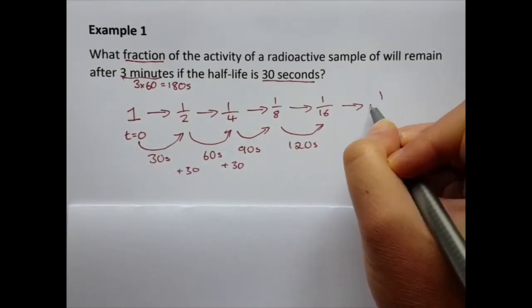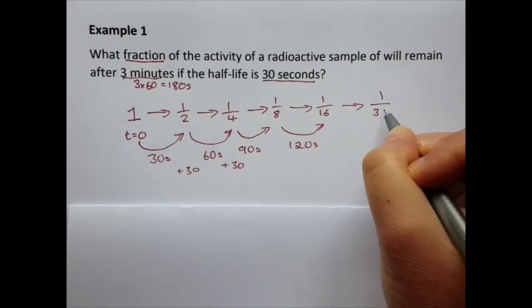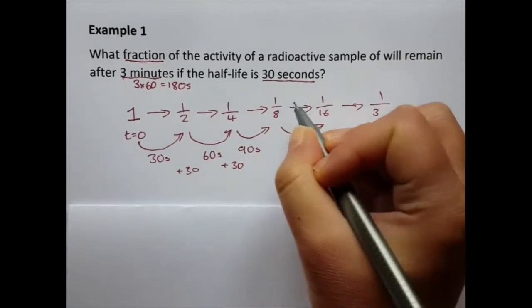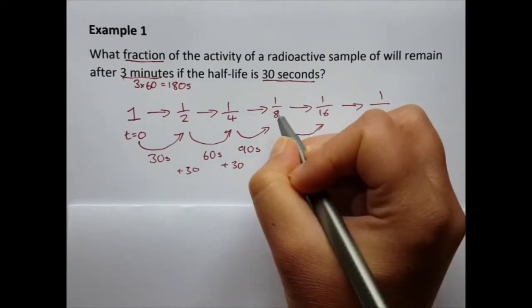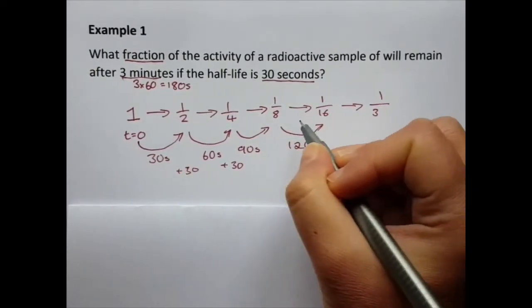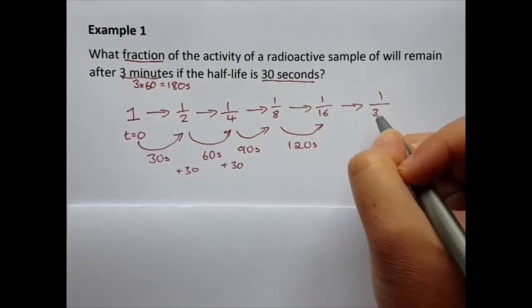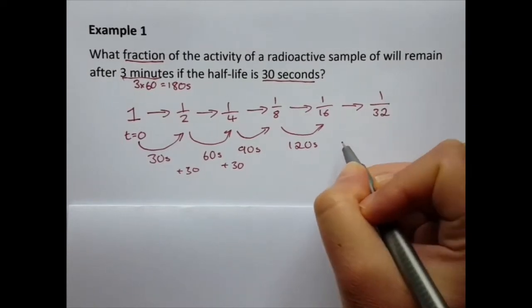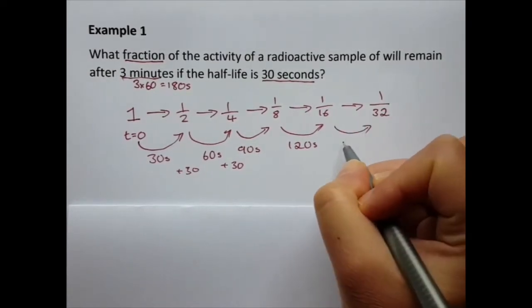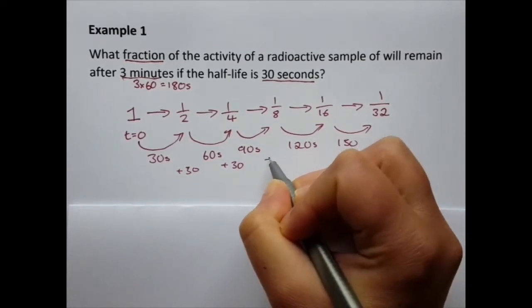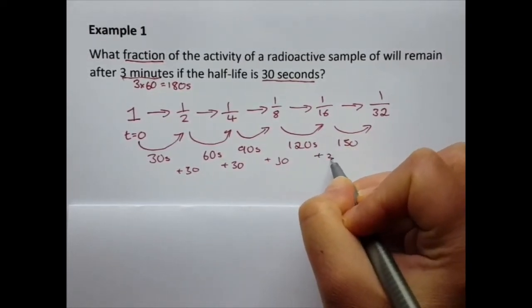And then your math is going to have to start getting quite good. Each time the fraction is halving, which means the number on the bottom of the fraction is timesing by 2. So 1/16 becomes 1/32, and that's 150 seconds. So again, we're just adding 30 seconds each time.